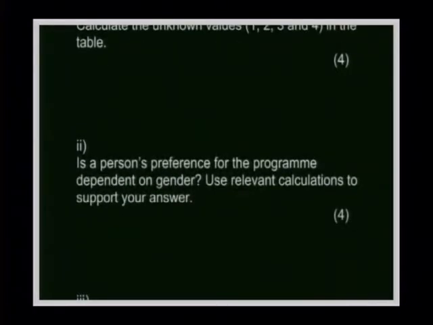Is a person's preference for a program dependent on gender? Use relevant calculations to support your answer. Whenever they ask you a question like this, which is based on probabilities, you're going to work out the probability of them enjoying the program, and I would suggest that you convert it to a percentage.